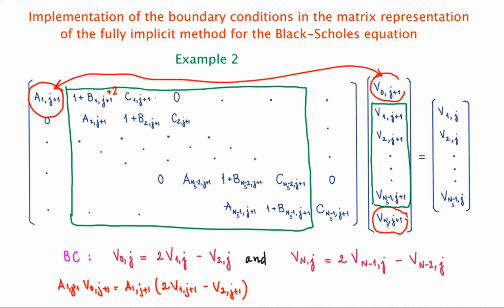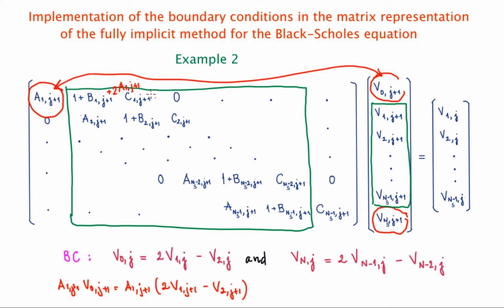So we have a component associated to V1, which has 2 times A1 at J plus 1. So we need to include here a contribution which is plus 2 times A1 at J plus 1.